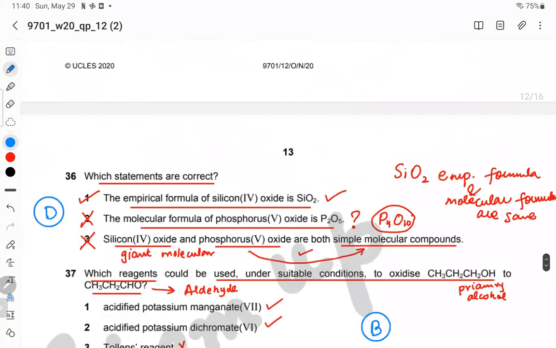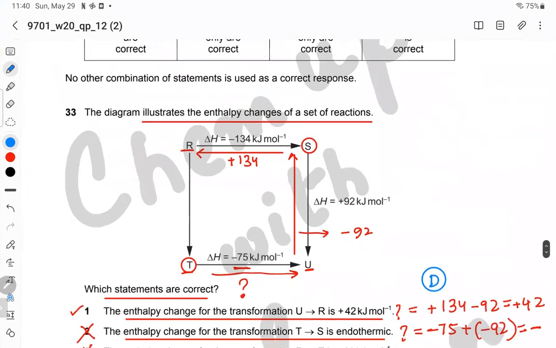Alicia, you have asked me something about question number 33. Yes, can you tell me what you are asking?